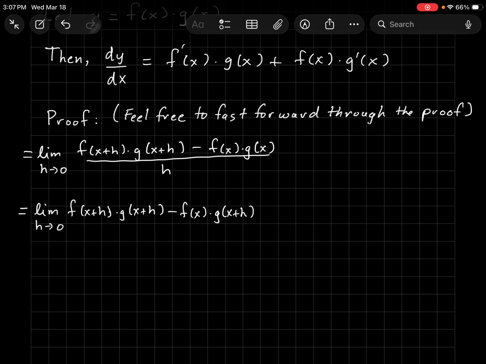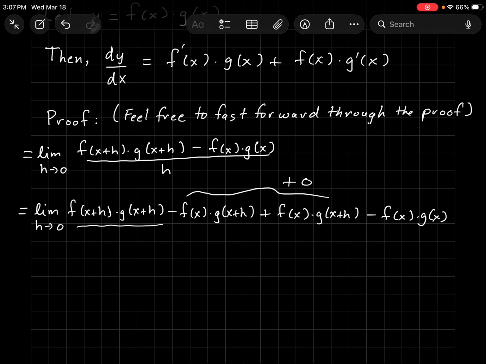I have changed the expression, so I'm going to need to re-add that back. Plus f of x times g of x plus h. And then minus the original f of x times g of x. So what I did here was I added 0, which means I have not changed the expression, so I'm allowed to do that. And then, of course, everything over h.